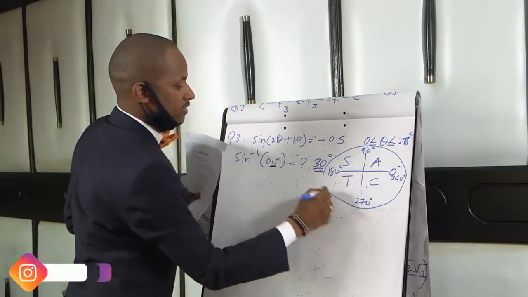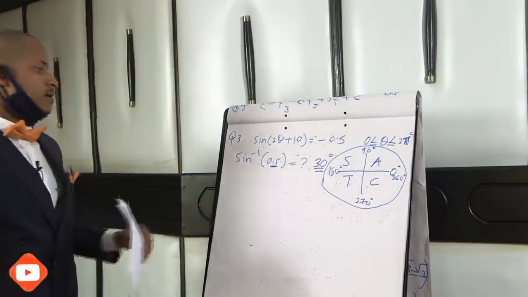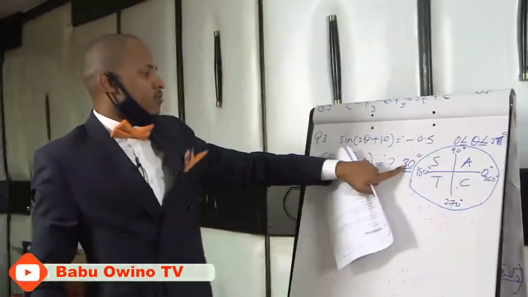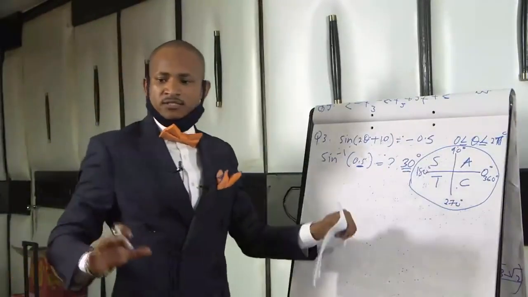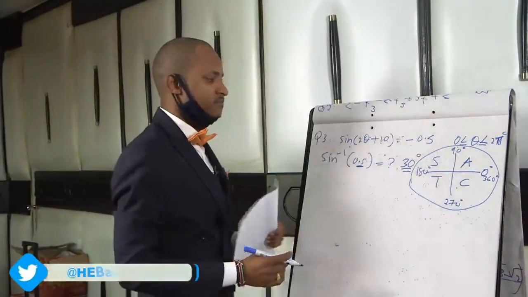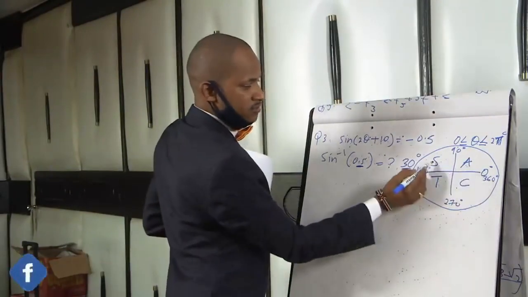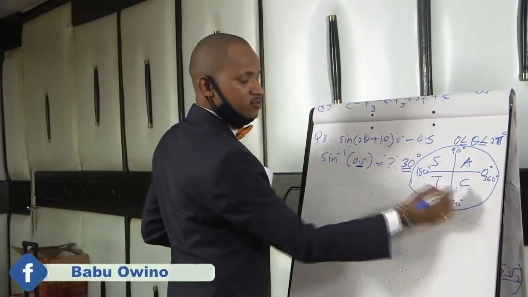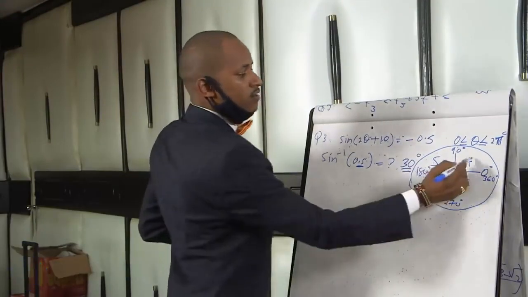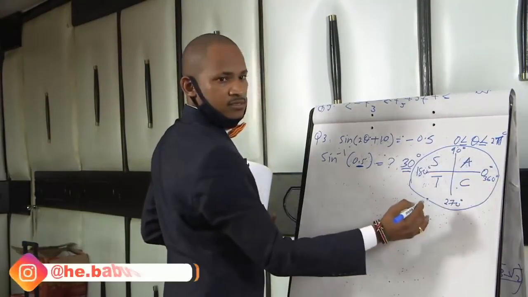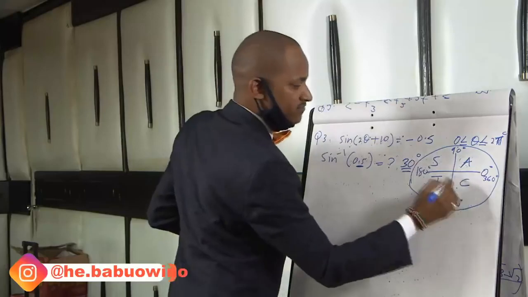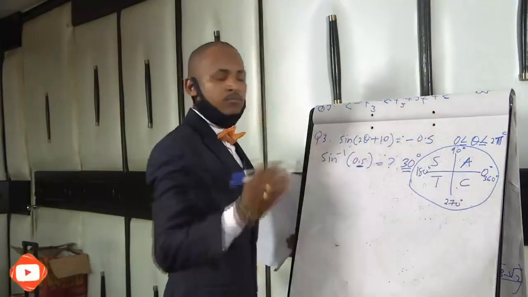So on this quadrant circle, we want to find all the quadrants where the sine is negative. So in quadrant number 1, this is all angles. This one is sine, this is tangent, this is cosine. So all trigonometric functions in the first quadrant are positive.